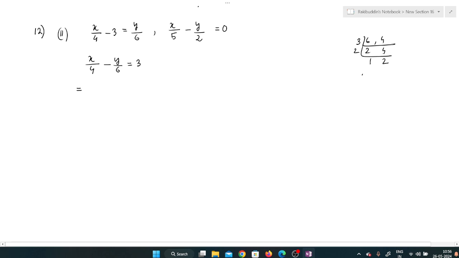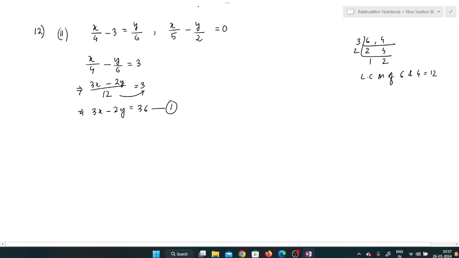I hope you all remember this. So 4 3s are 12, here will be 3x, and 6 2s are 12, here will be 2y. So your equation reduces to 3x minus 2y is equal to 3 multiplied by 12, which becomes 36. Now you number this as equation 1.